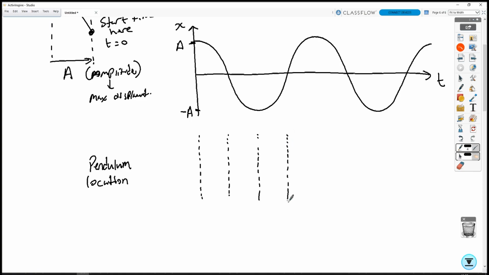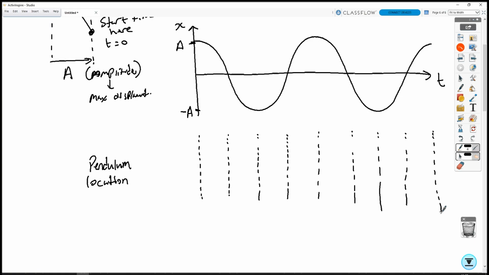So I'm only doing it in points of interest, which are the maximas, the zeros, and the minimas. These are our points of interest. And everything else in between, you can fill that in with your imagination. Okay? So I've roughly got these dotted lines lined up with the pendulum's location.